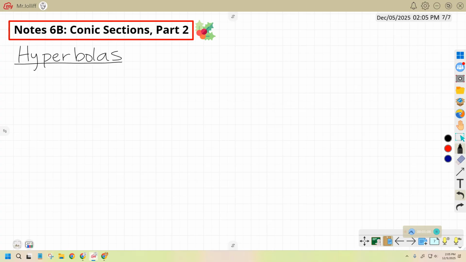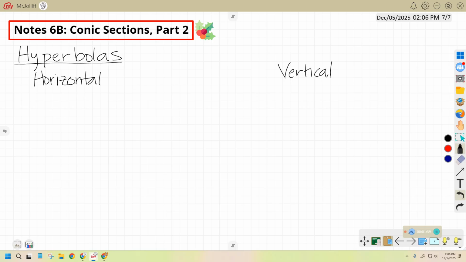Okay, so two flavors. We have horizontal ones and we have vertical ones. And that label has to do with the main axis that cuts our hyperbola in half. So for horizontal, the main axis, also known as the transverse axis, that cuts our hyperbola in half is this way, and our curves go this way.